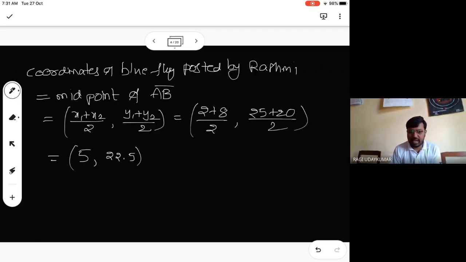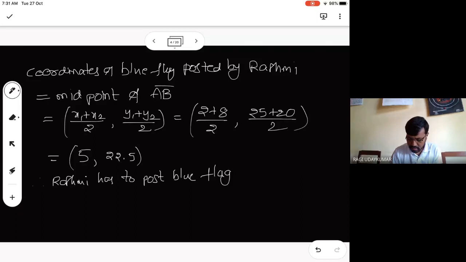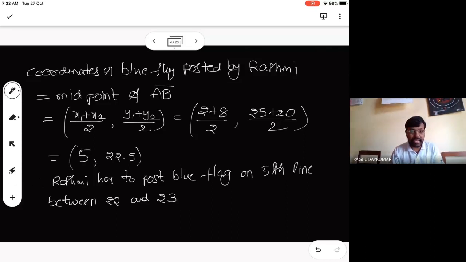Okay, understood? So you are not supposed to leave that. Therefore, at the last conclusion you have to write: Rashmi has to post a blue flag on the fifth line, between the 22nd and 23rd, otherwise 22.5 meters distance.